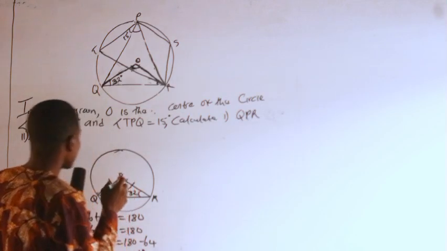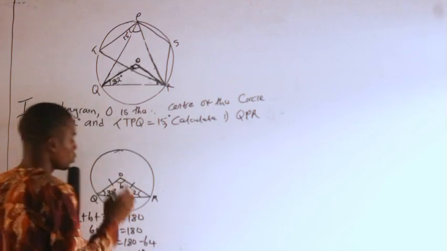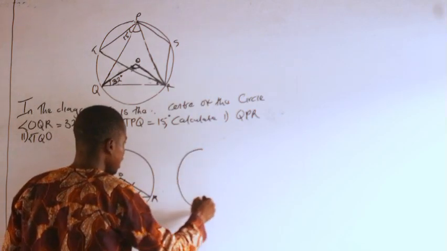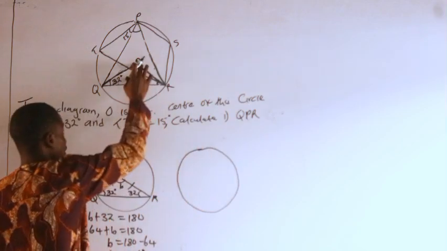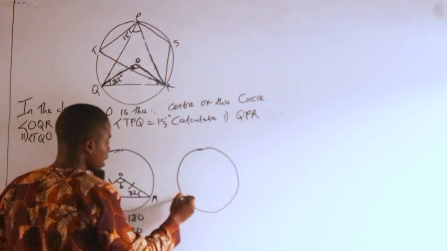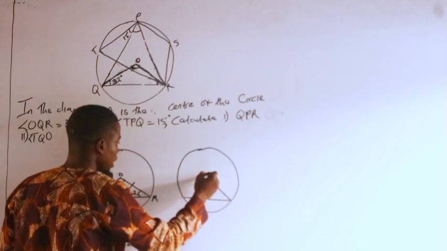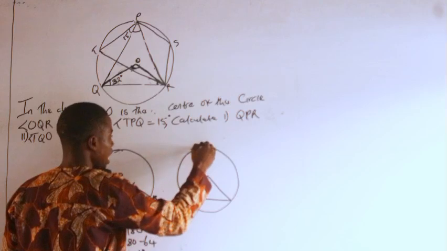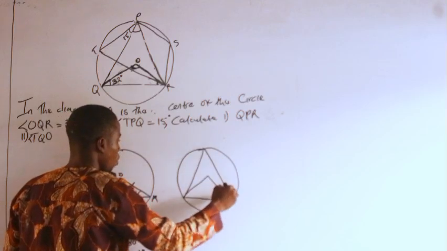Now, I want to give you another sketch of the angle. In this angle, it's still the same thing inside. This one moves to the center of the circle, and another one goes to the edge and comes back again.